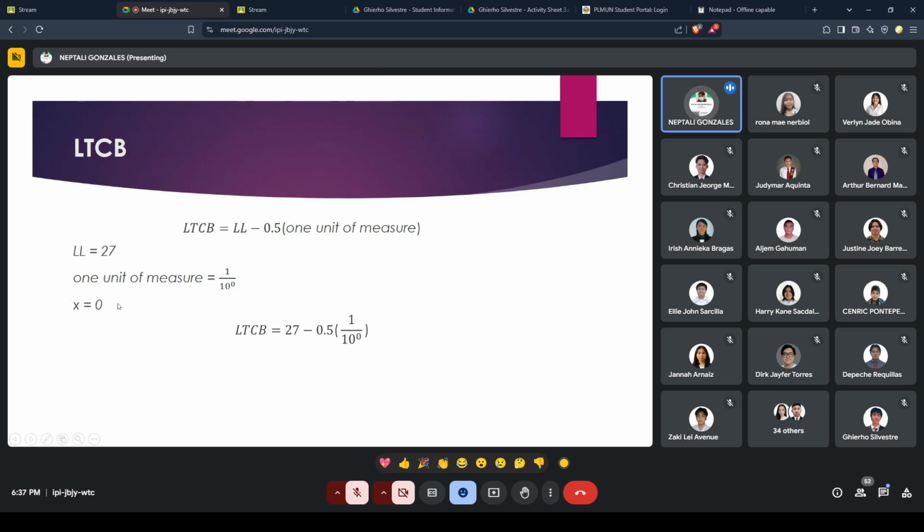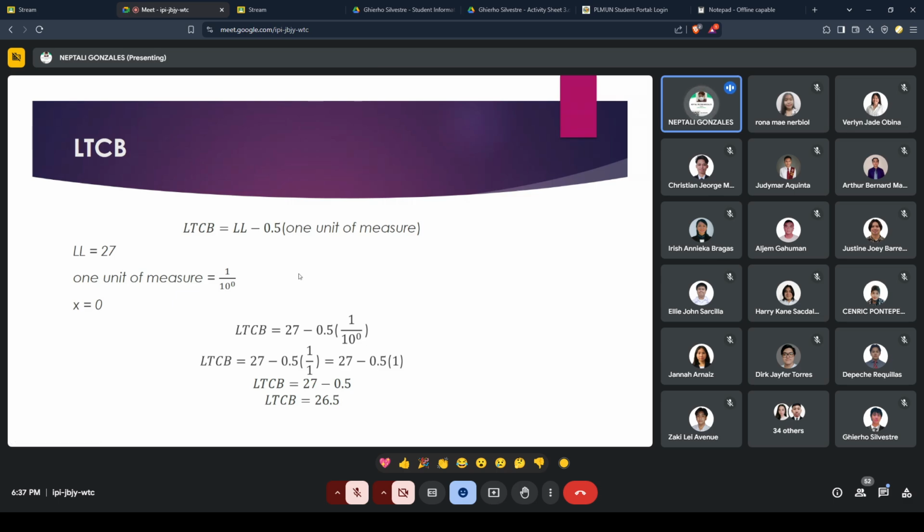That's why it's very easy. So 1 over 10 raised to 0 is simply 1. 1 divided by 1 is 1. Multiplied by 0.5. So 27 minus 0.5 is equal to 26.5. So that is the lower true class boundary, 26.5.